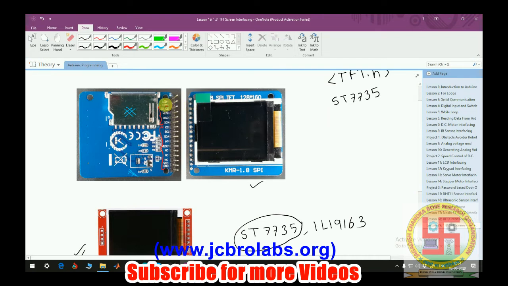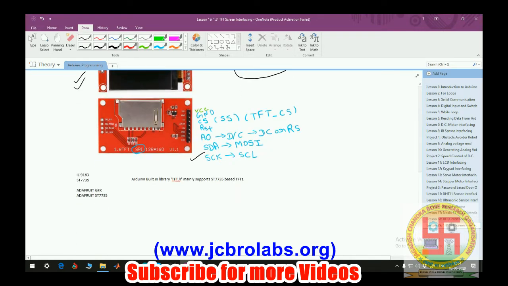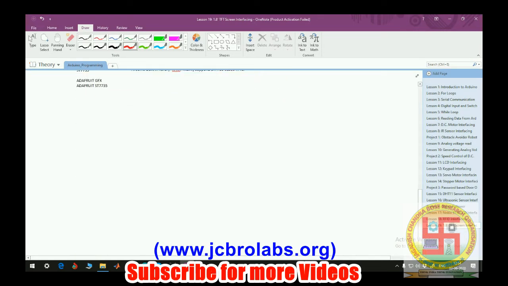Remember, here LED minus and LED plus will go to ground and plus 5, and then VCC. Here we have reset, A0, SDA, SCL and CS. These are the same names as given here. In our code we are using the TFT.h header file from Arduino.